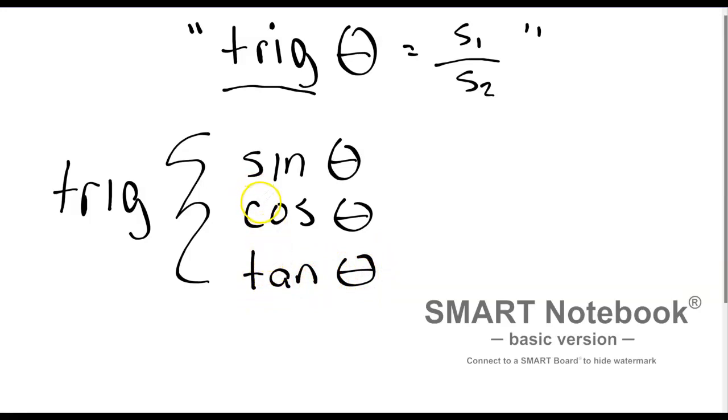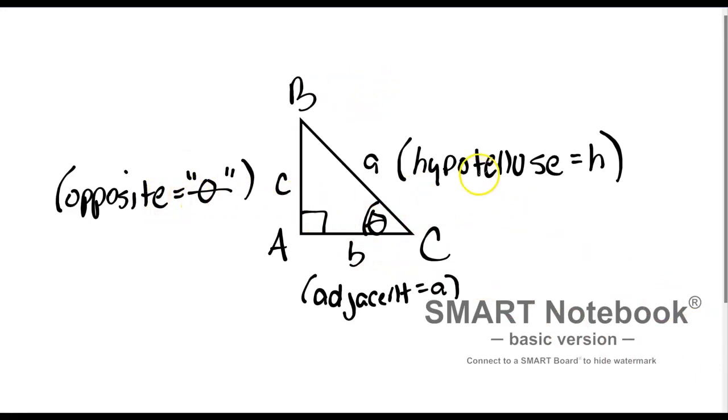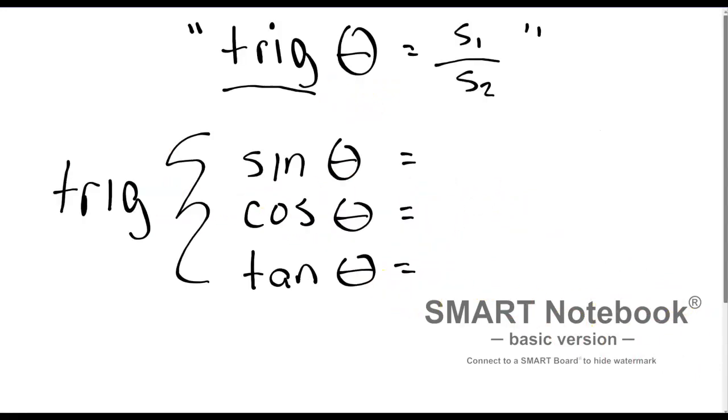If you have secant, cosecant, and cotangent in your definition, great, but we'll leave that for your more advanced math classes later. All right. So now, you already know important stuff: opposite, hypotenuse, adjacent. And because you know that, you're going to be able to master this lesson pretty easily.